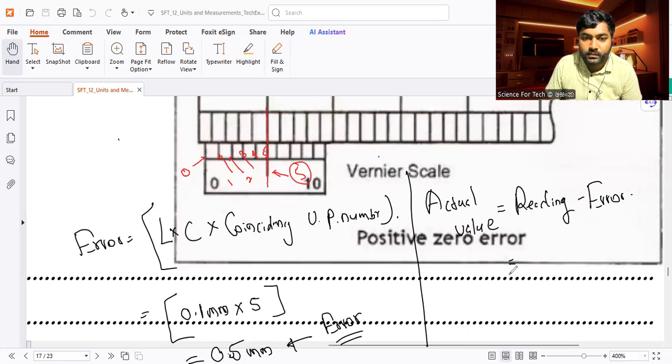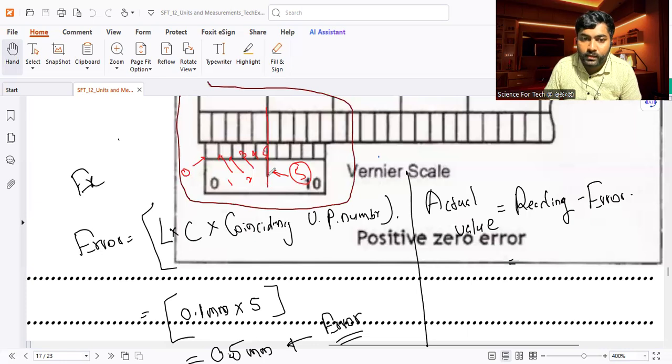Okay, then, just put an example. I think you drew this one already, no? In your diagram, is the fifth one coinciding with the main scale? Sir, should we draw and write this one also? You have drawn the figure, no?